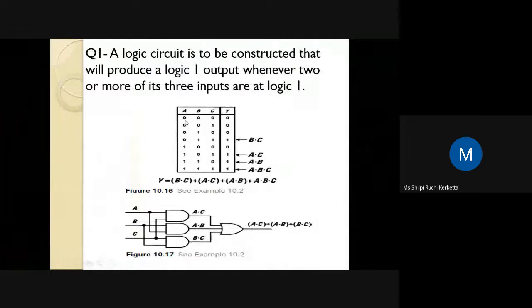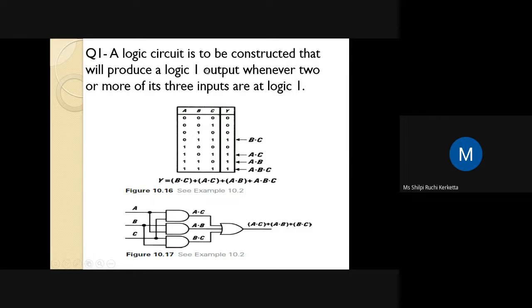These are the input combinations: 0, 0, 0, 0, 0, 1, 0, 1, 0. So whenever there are 2 or more ones, only then we will get a 1. For the first condition 0, 0, 0, we get a 0. For the second condition 0, 0, 1, only one 1 is there and we need 2 or more, so we will give a 0.